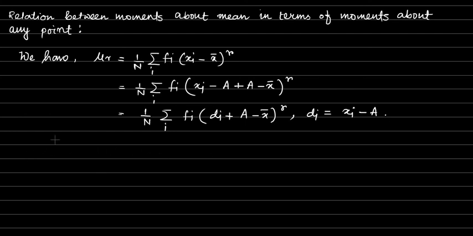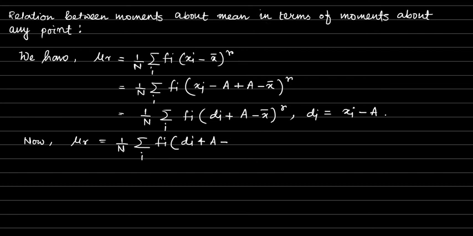Now mu r is equal to 1 by n summation over i f_i into (d_i plus a minus x bar).